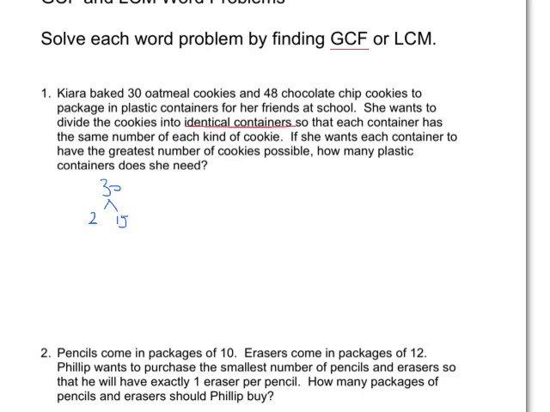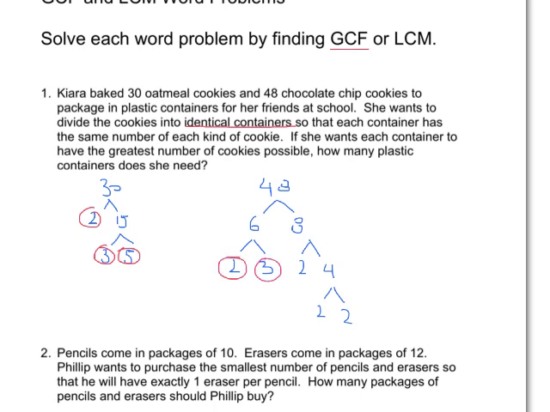I'm going to circle the 2 because it's a prime number, and then the 15 further factors into a 3 and a 5, and both of these are primes, so I'm going to circle them. 48 over here factors into 6 and 8, and the 6 further factors into a 2 and 3, and the 8 factors into a 2 and 4, and the 4 factors into a 2 and 2. So I'm going to circle all my prime numbers so I can keep track of them.